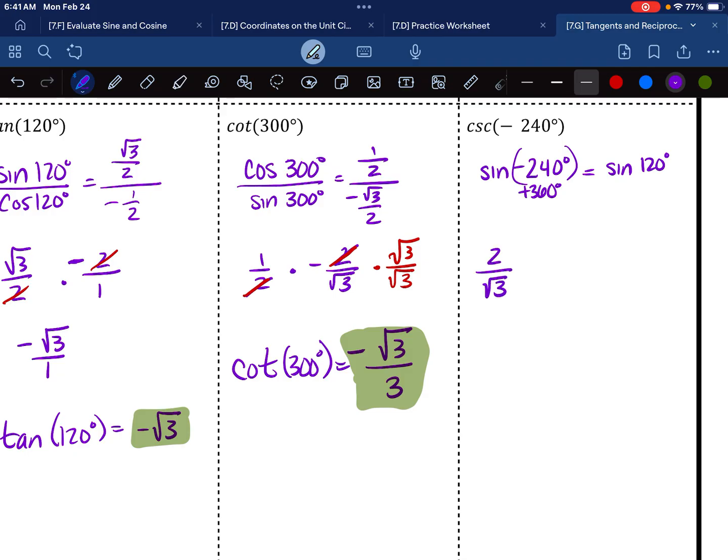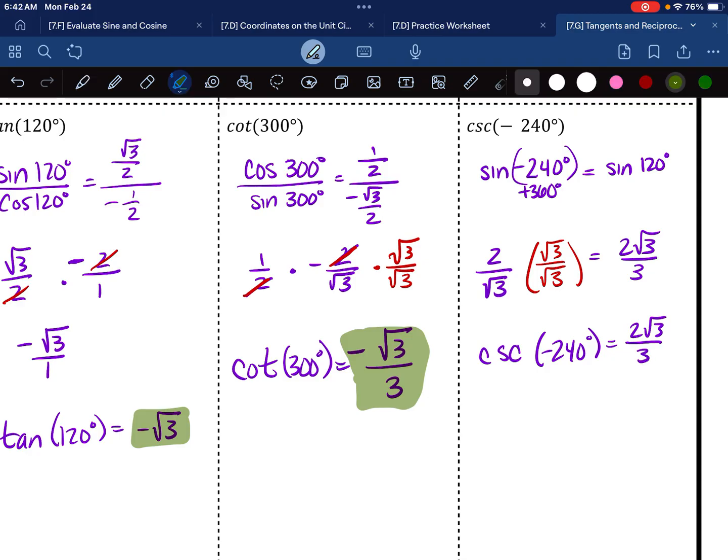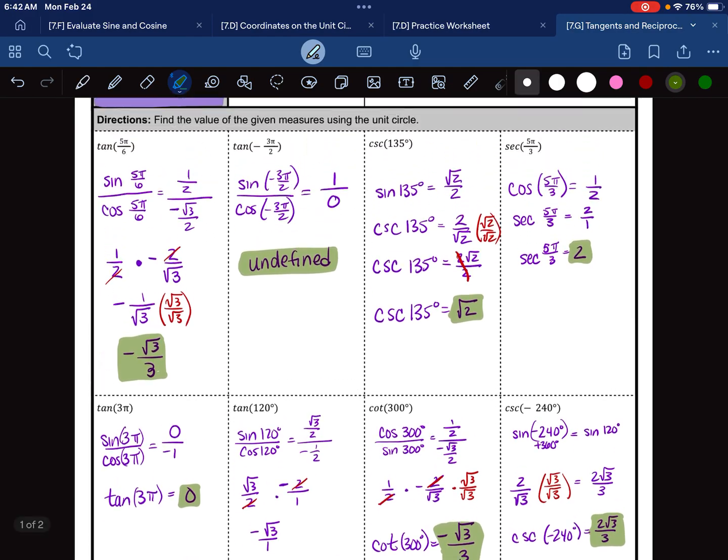So then we're going to multiply to rationalize that bottom part there, the denominator. So that turns into 2 root 3 over 3. So I'm saying the cosecant of negative 240 degrees is 2 root 3 over 3. So this is all just about referencing your unit circle and then simplifying the fractions from there. So it's not too bad.